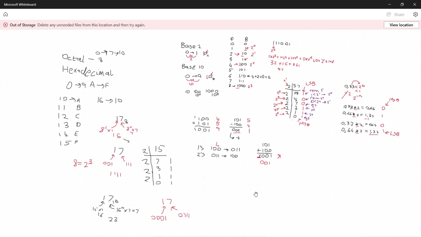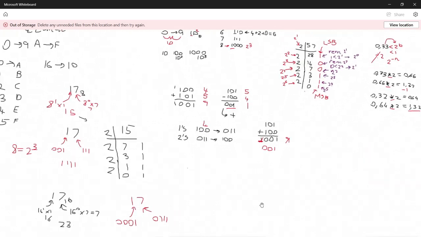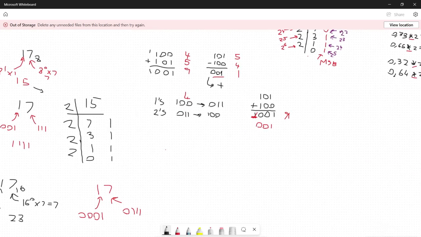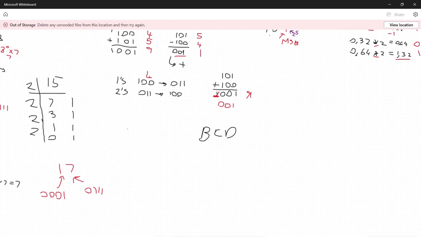Oh, the last thing we need to know is BCD, or binary coded decimal. Now, a lot of people also get confused with this, but only use this if they tell you to use it.